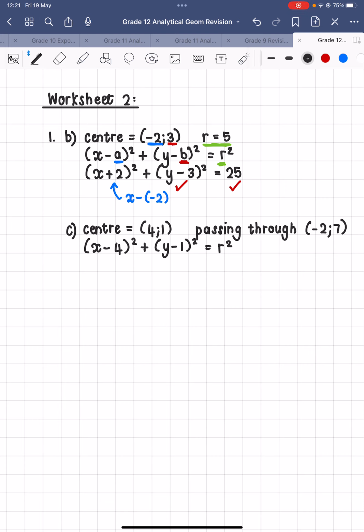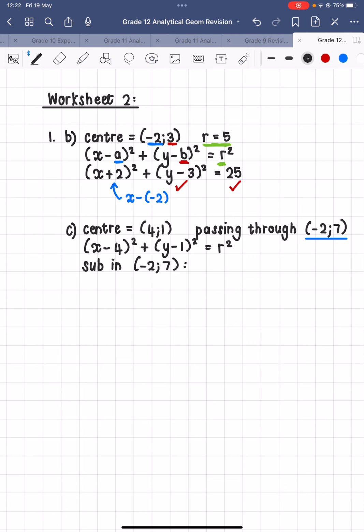Now, what did I tell you yesterday and the day before and the day before and the day before? When you're finding the equation of any graph, sub in a point. They've given us this point for a reason, right? That's an x value, that's a y value. There's an x, there's a y. If I sub the x value in the place of x and the y value in the place of y, what can I get? R squared. Okay, so we are going to sub in negative 2, 7.